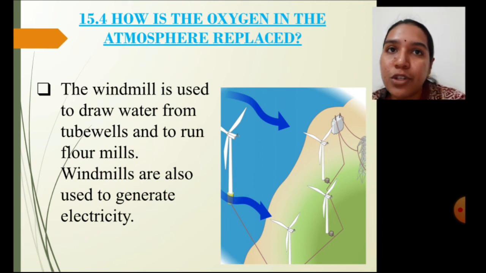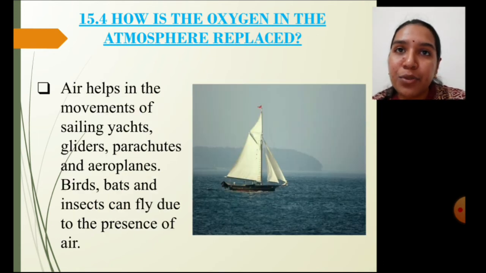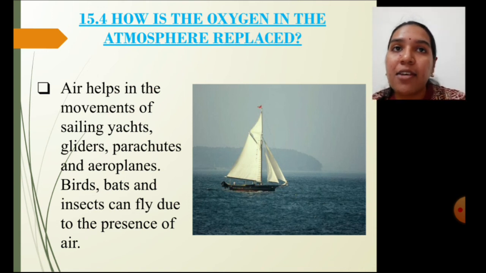The windmill is used for many purposes, to draw water from tube wells or to run the flour mills, and the wind energy can actually be converted into electrical energy with the use of a windmill. Other uses of air or wind are that it helps in movement of sailing yachts which sail along the direction of wind.